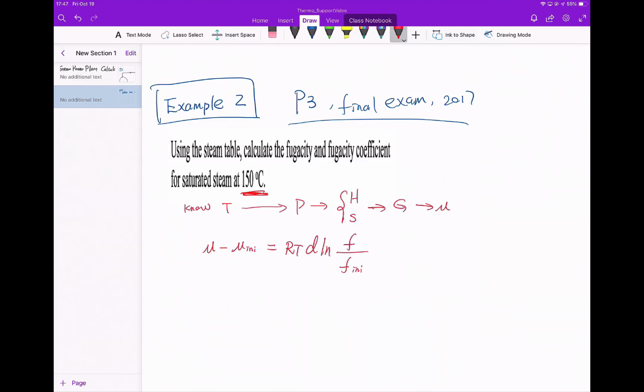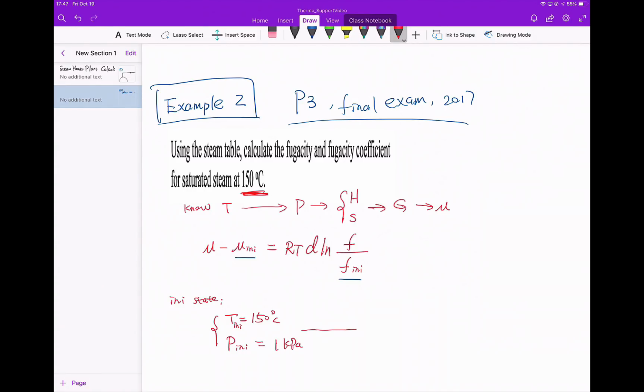Right, so I will do the same in order to figure out that the initial state is T is my known temperature, P initial is 1 kPa.